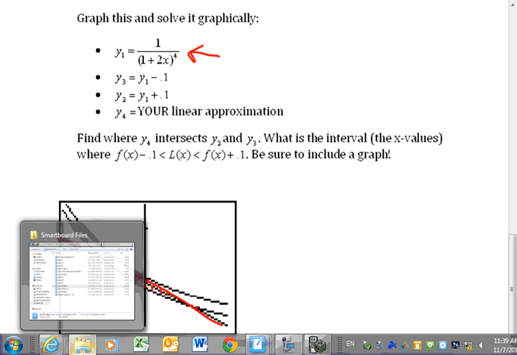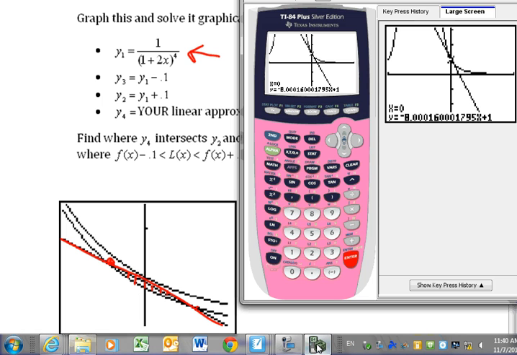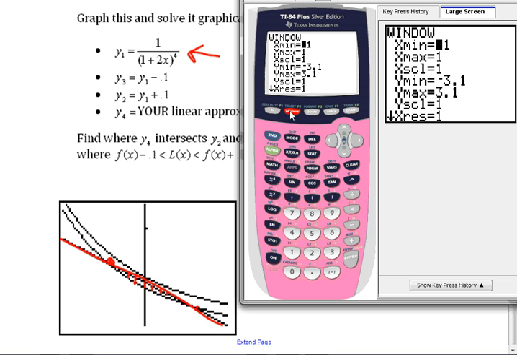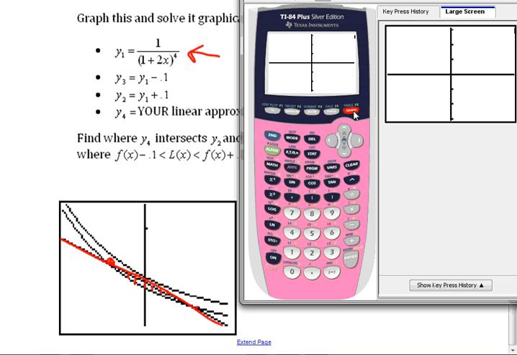Let's just do it. Okay, let's get my window a little bit better. What is this? Negative 1/2? Let's make that negative 0.5, and let's make this positive 0.5. It might not be big enough, but let's look at it.